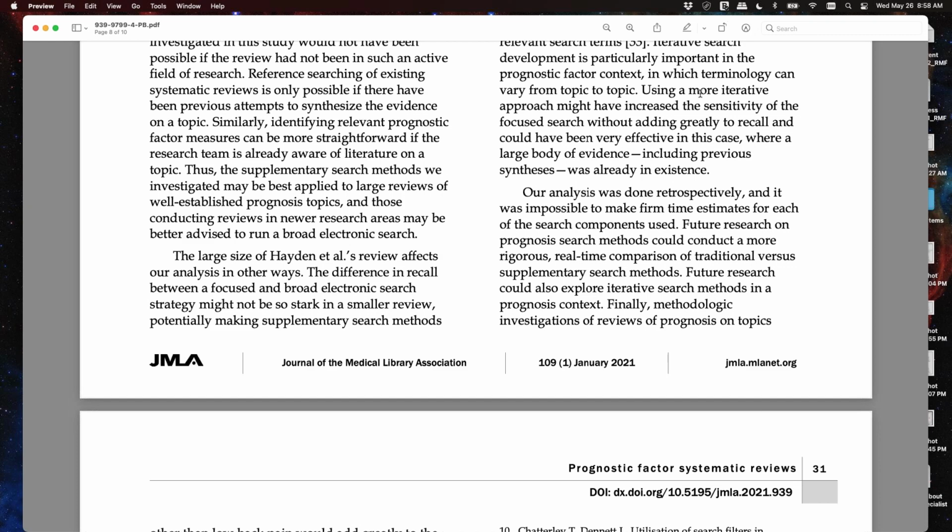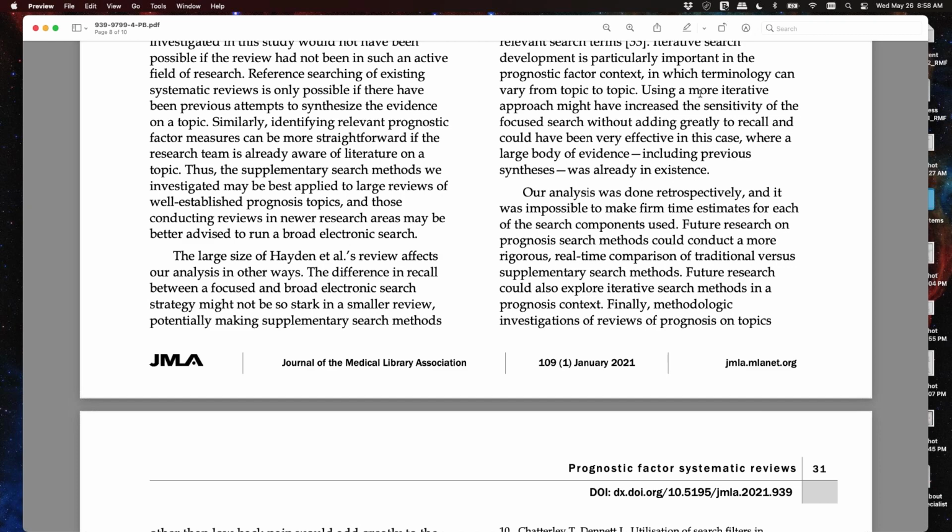And this also means for us as information retrieval specialists that probably for this type of reviews, we will have to communicate more with the review authors. We have to maybe ask them, can you provide us with references already known to you? Do you have personal files that we can use?